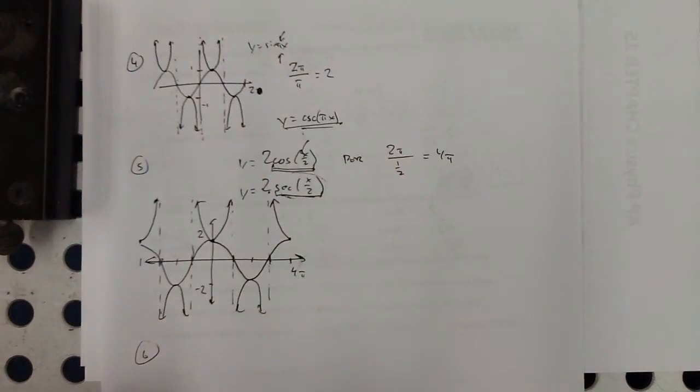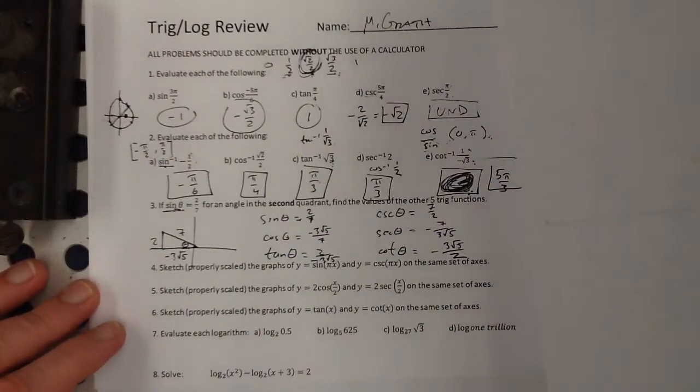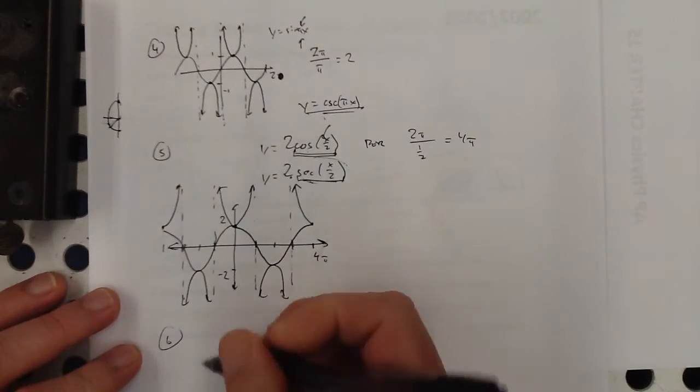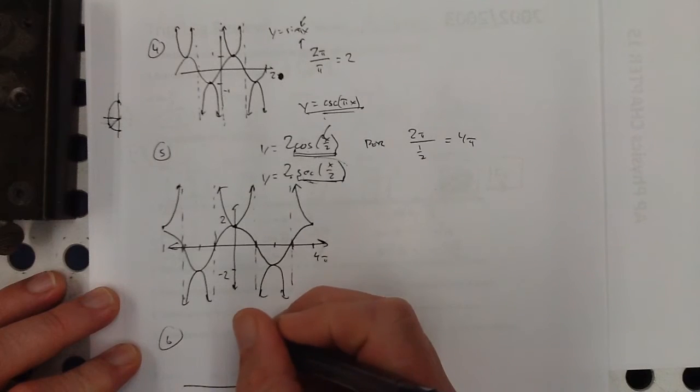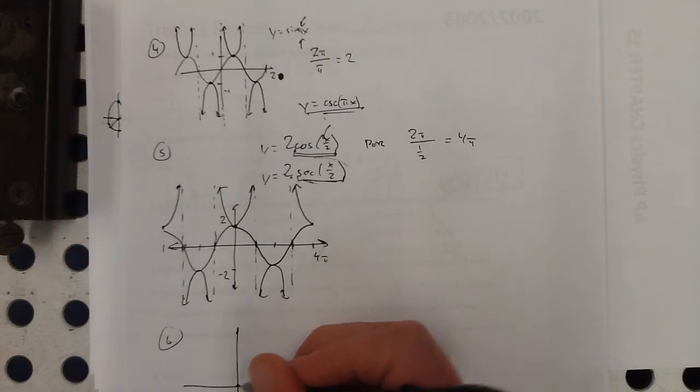What else we got? Tangent and cotangent on the same set of axes. So, what's the tangent of 0? The tangent of 0 is 0 because it's sine over cosine.